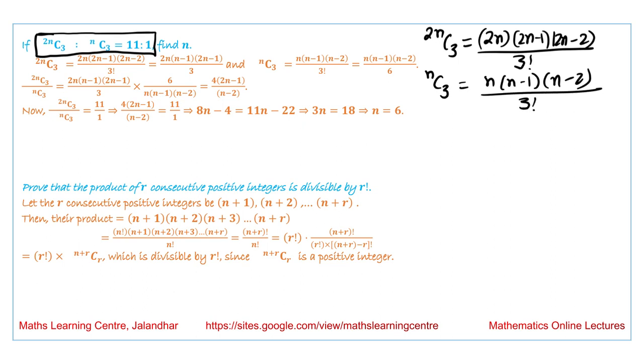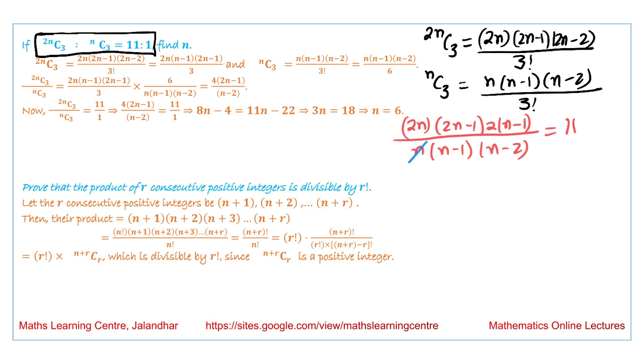If we divide both these values, the answer we get is 2n into 2n minus 1 into 2 into n minus 1 divided by n into n minus 1 into n minus 2, that is equal to 11:1.